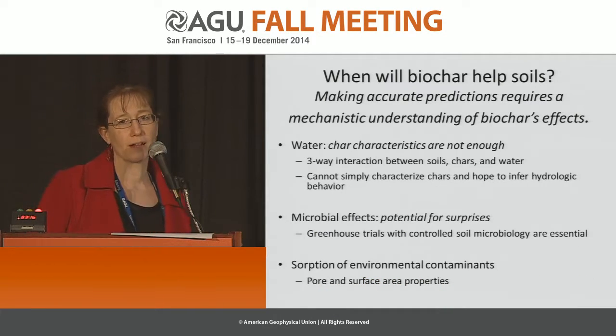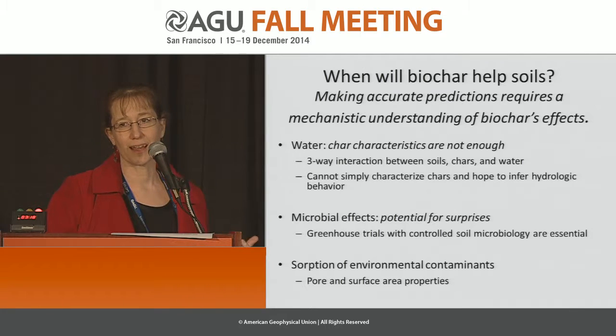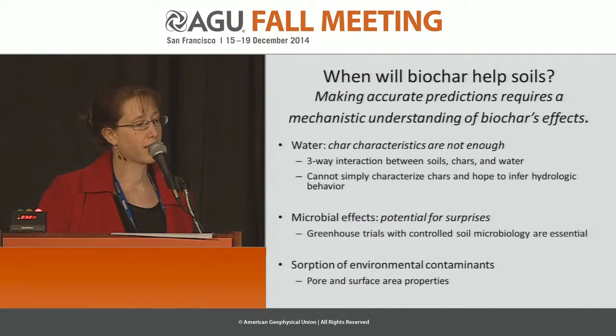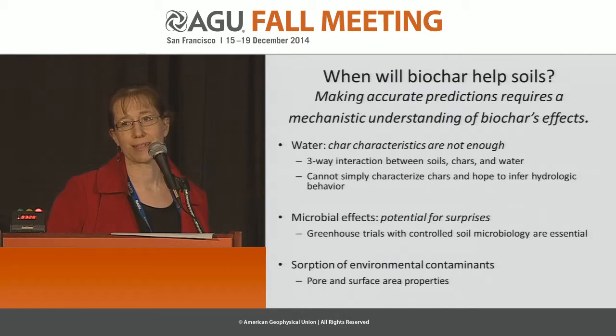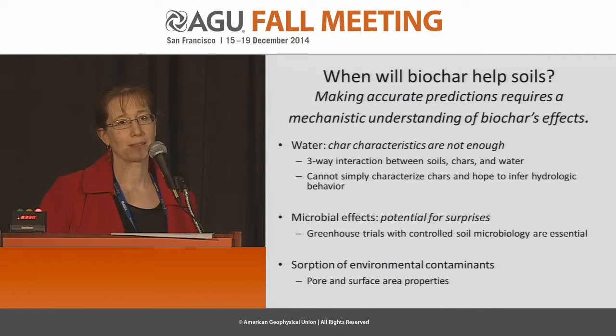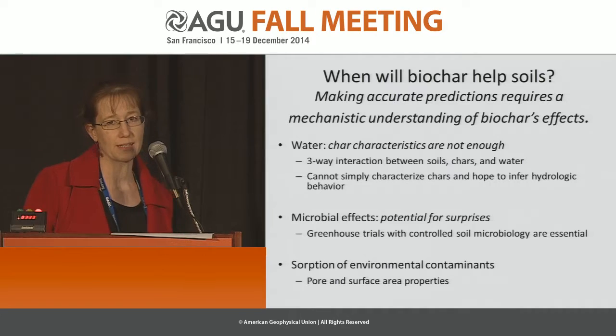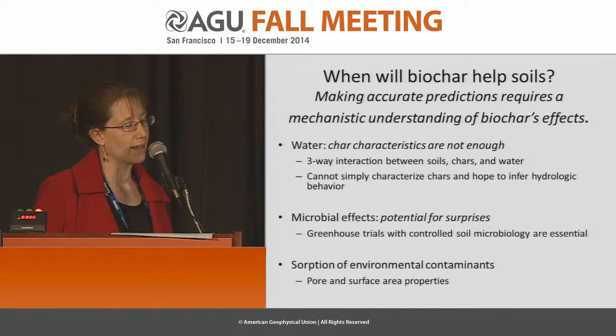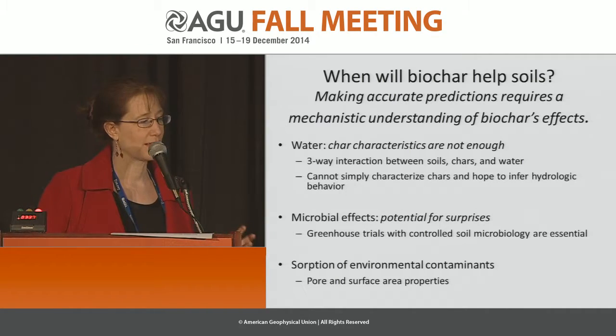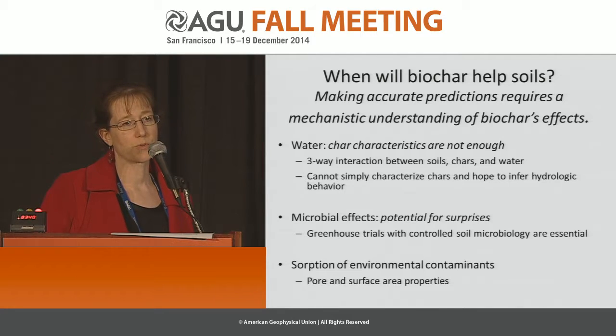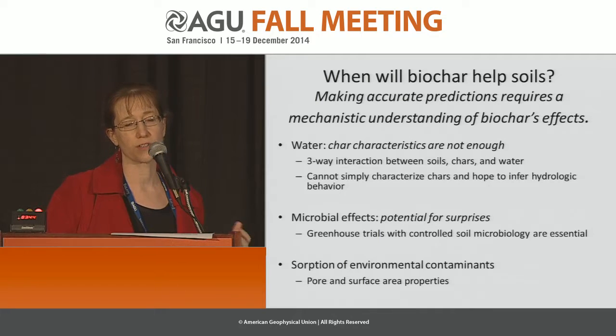So there are 3 areas where, personally, I think we really need to know more about mechanisms. We need to know more about biochar's interactions with water and microbes, and we need to understand its sorption of environmental contaminants. And we've seen great talks already today about this. In terms of water, and again, this is going to be obvious for lots of folks here, biochar's performance hydrologically is a 3-way interaction between the water, the soil, and the char, so it's impossible to predict the hydrologic behavior of a char by characterizing the char itself.